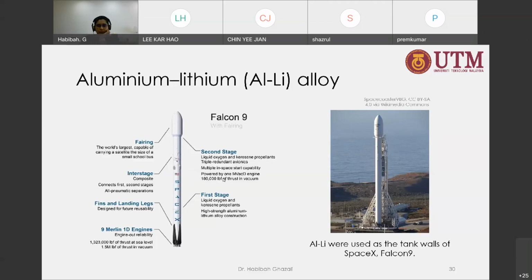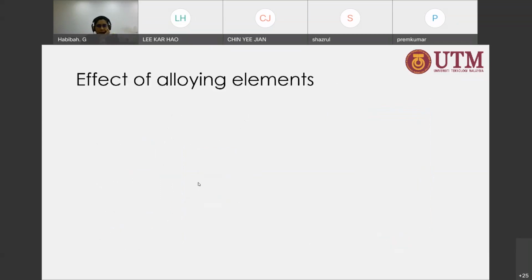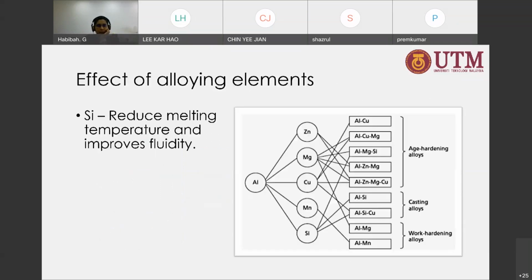So the properties of lithium are exploited by adding them into aluminum. We can increase the strength and modulus, and at the same time reduce the density. All right, so here I have listed some of the effects of the alloying element, even though I've already explained in each of the slides.